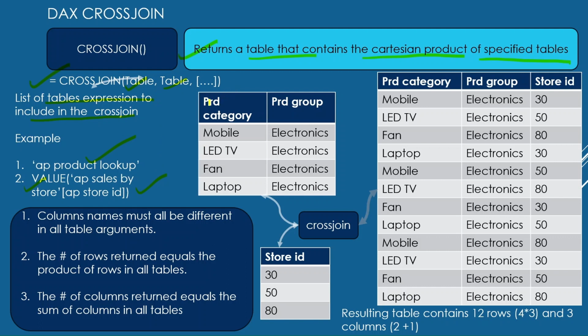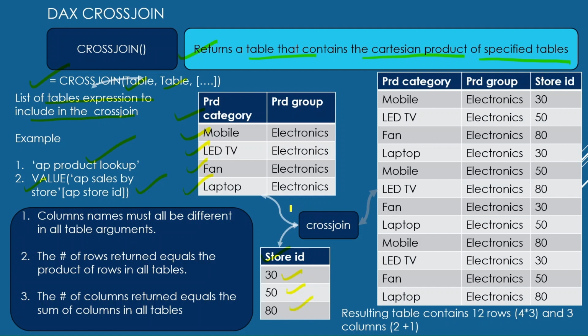So let's understand the cross join with the help of this pictorial representation. This is one table. It has two columns, product category and product group, and these are the four records. This is a store ID table. It has only one column, and these are the values.